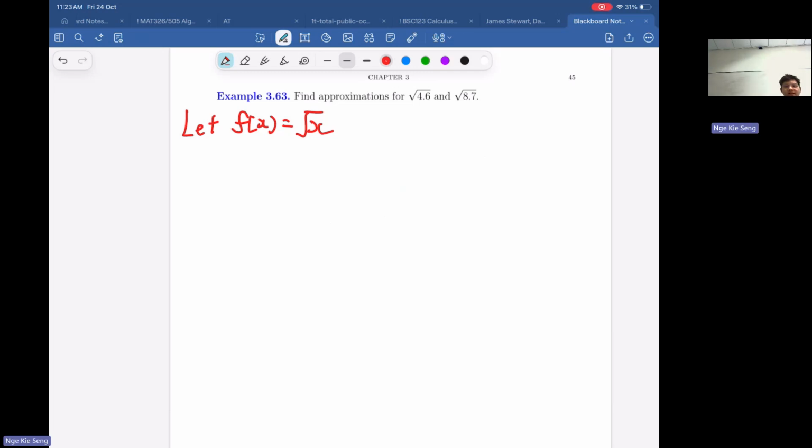So to get the linearization, you want to get a tangent line. The first thing to get a tangent line is to get the gradient, and also the point you want to make the tangent line at.